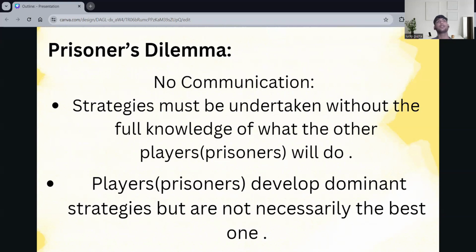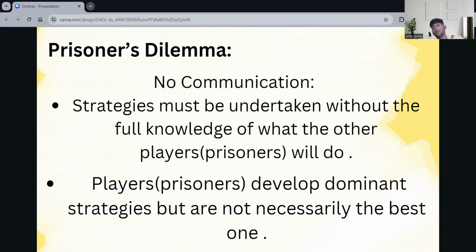In this way, there is no option to discuss. They must choose their strategies without knowing what the other prisoner will do, or what he is thinking, or which strategy he is going to take. This is how the prisoner's dilemma works. Confessing is the dominant strategy, but not necessarily the best one.